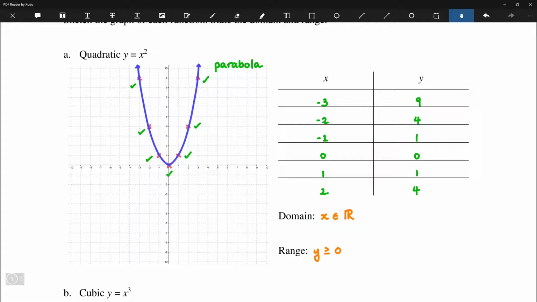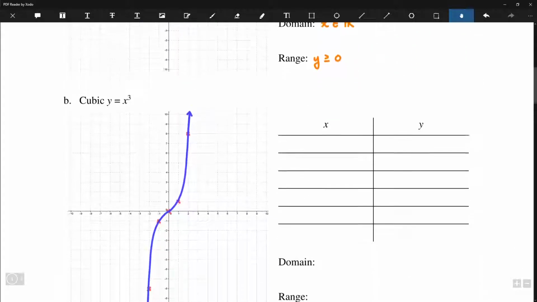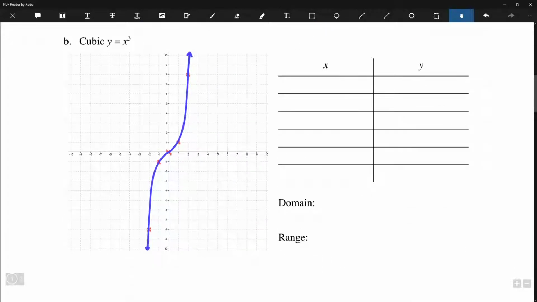Okay, so the reason why this section exists is to look at the different graphs that we'll encounter throughout this course. We likely have seen the parabola before, but the next one, the cubic function, may be a little bit more unfamiliar.